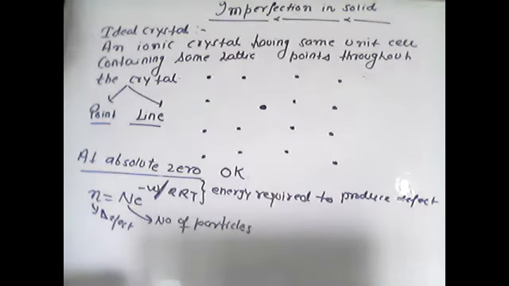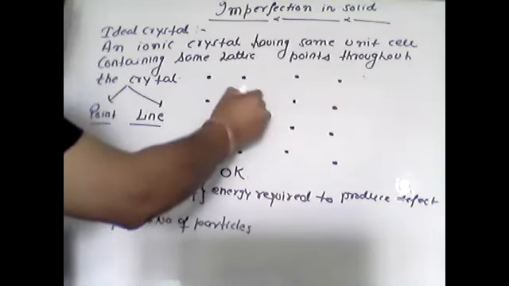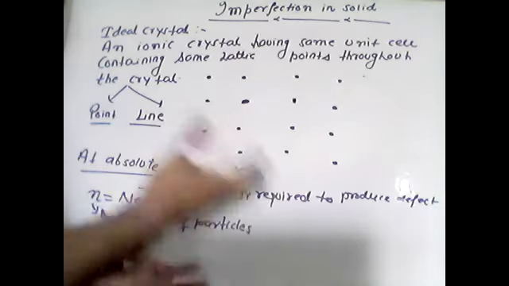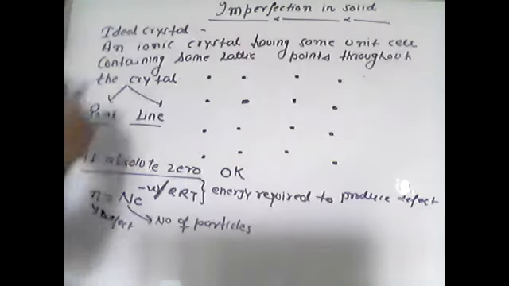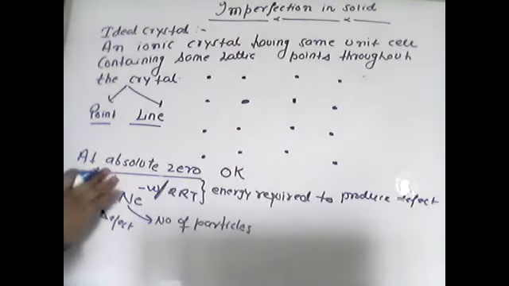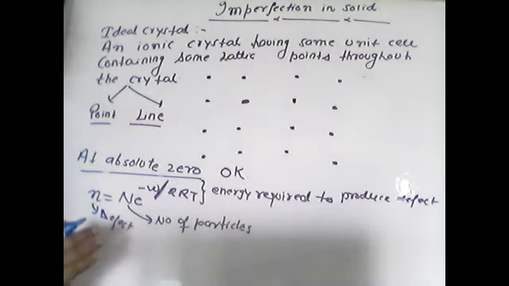Just see, I will start from the beginning. An ideal crystal, where all spaces are occupied as in a unit cell lattice, we call that the ideal one. This ideal state is possible only at absolute 0 Kelvin, that is minus 273.15 degrees Celsius, a very, very low temperature. As temperature increases, defects are created in a solid.